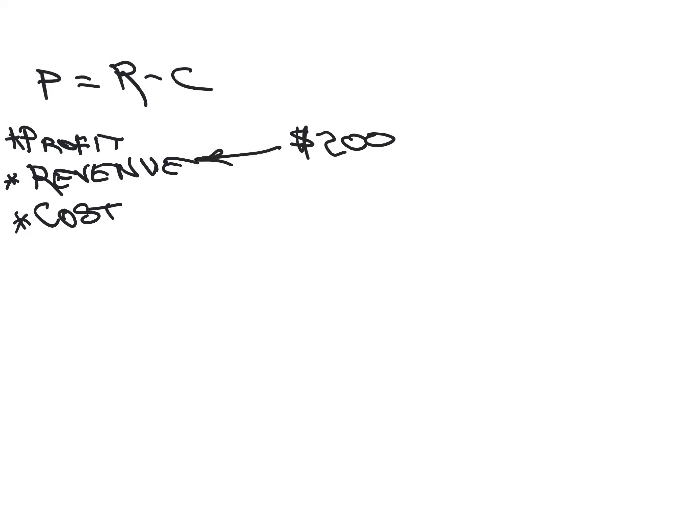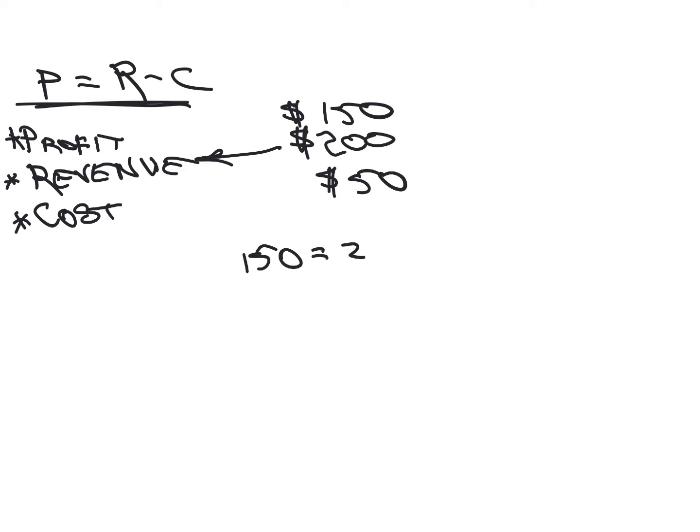Let's say they cost you $50 to make. That's the cost. Your profit is $150. So in our formula, profit, 150, equals revenue minus cost. That's where the $150 in profit came from.